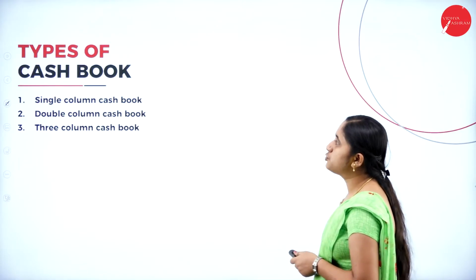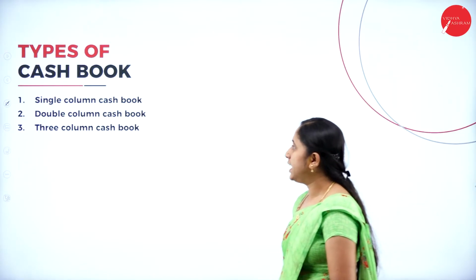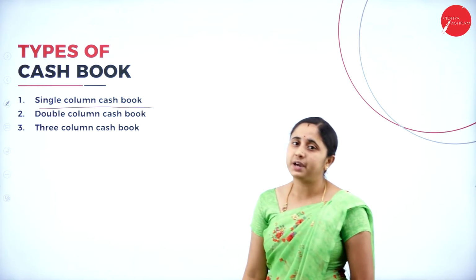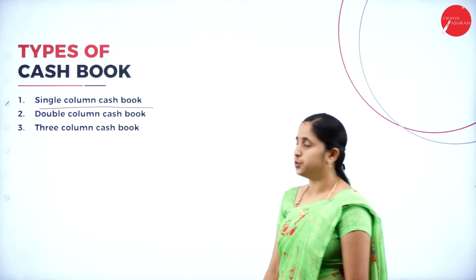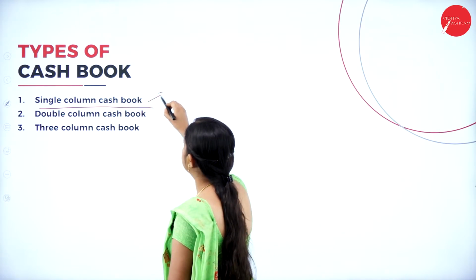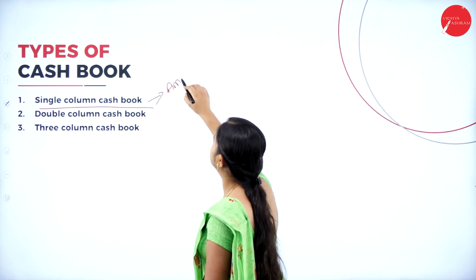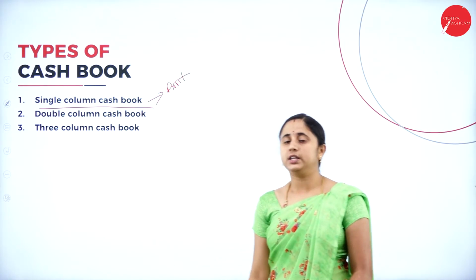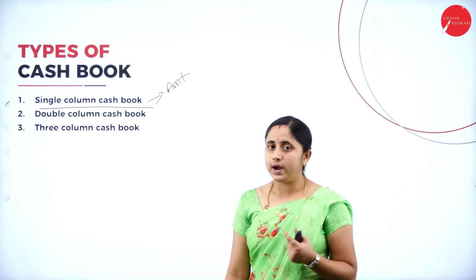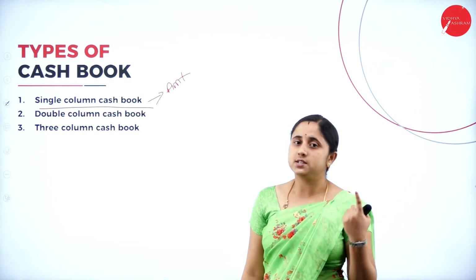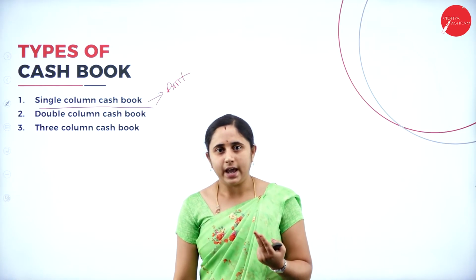Here, the types of cash book. We have 3 types of cash book: single column cash book, double column cash book and 3 column cash book. In the single column cash book, you have only 1 column to record the amount. In the double column cash book, we have 2 columns, one is discount and another one is cash.